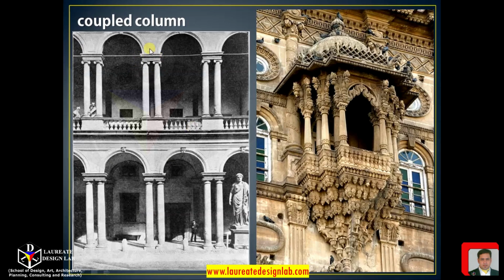This is another example in which these two columns are further shaped into an arch, a semicircular arch. So this kind of architecture can be very effective in creating a classic facade for any kind of building.